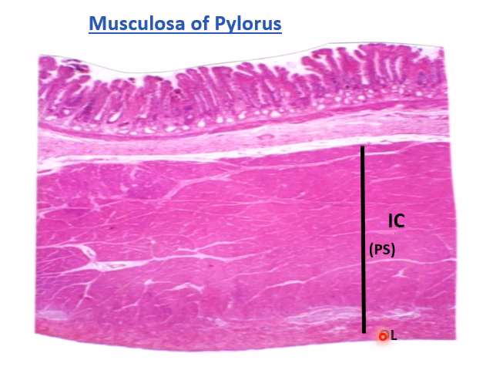Inner circular, outer longitudinal. So, for the stomach, under the microscope, I'm having only the fundus and the pylorus, and I want to differentiate between them. How? First, in the fundus the mucosa is folded, in the pylorus not. Second, the fundic glands are very crowded, while those of the pylorus are less so.